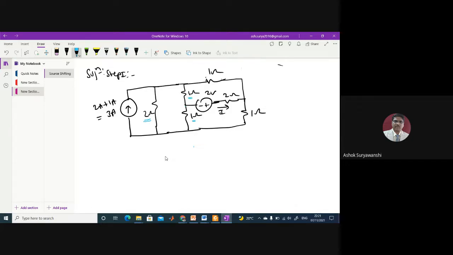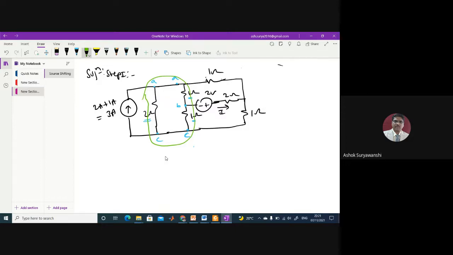Suppose I mark A point here, B point here, and C point here. So this is again the C point, and this is the A point. If you look at only these three elements and understand something out of this, then further things will be easy.